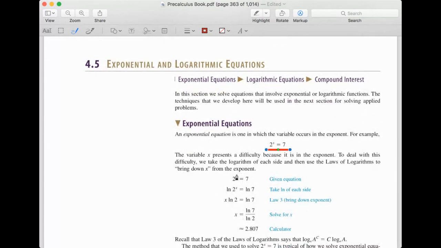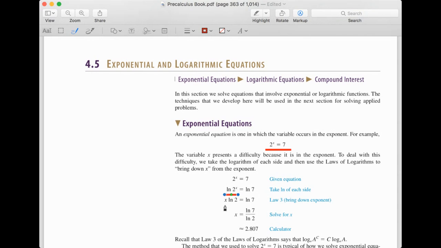So we start with 2 raised to x equals 7. Because we have an equation, we can do something simultaneously on both sides. So we take the log of 2 to the x, and we take the log of 7. You see, we put the ln in front of 2 to the x, and we put the ln in front of 7. According to the rule of logs, the exponent of 2, which is x, comes in front of ln.